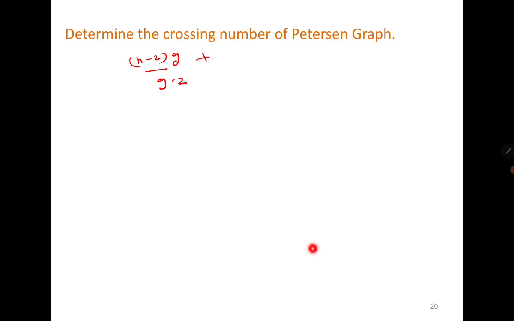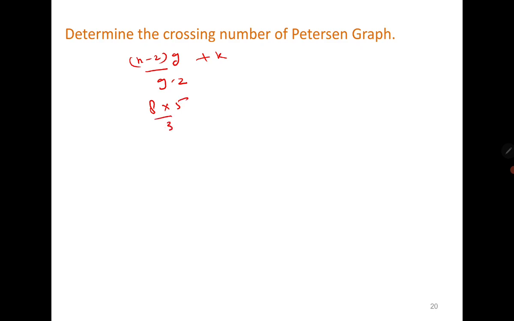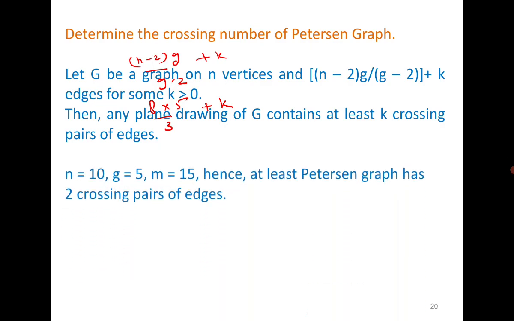It means it has g times n minus 2 by g minus 2 plus k crossings. If you use this result, then we know that n is equal to 10, so 8 times 5 by 3 plus k. So 40 by 3, 13, and the edges are 15. It means it has at least 2 crossings, and this is why the crossing number of the Petersen graph is 2.